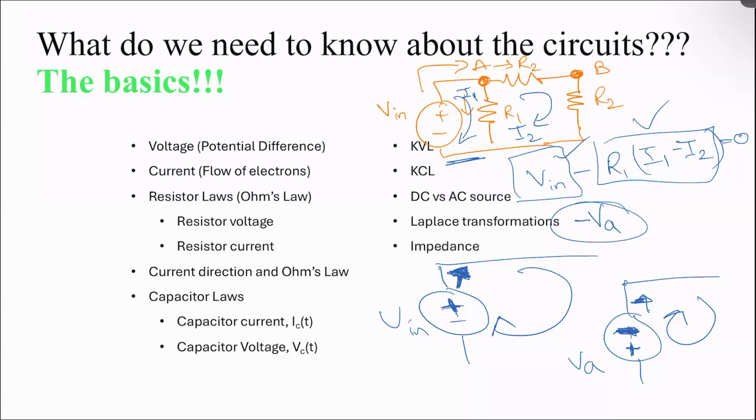Okay, now who's going to give me the equation for the second loop? Braden? Hello. I think it would be R2 times I2 minus I2 times R1.